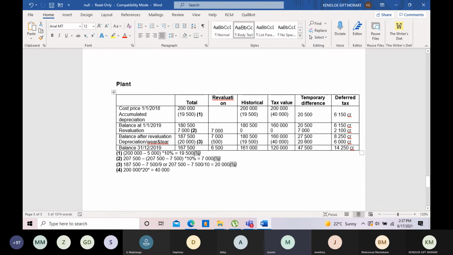When you go down like this, you must get this amount, and when you go across like this, you must get the same amount. So the difference between the total and the tax value is going to give you your temporal difference. The difference between your total and your tax value is going to give you what? The difference.